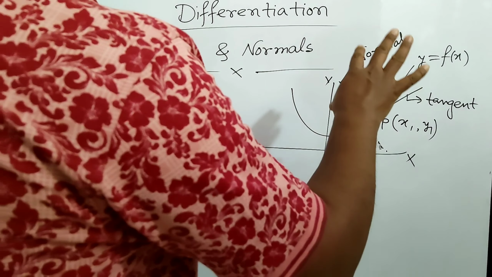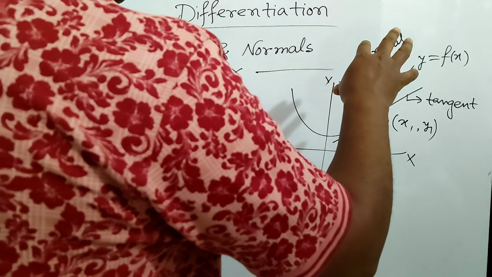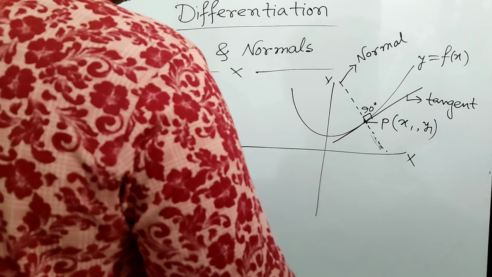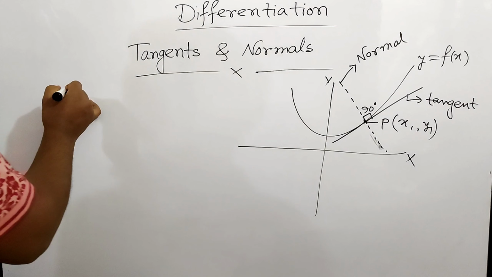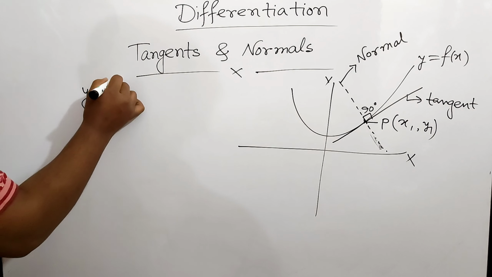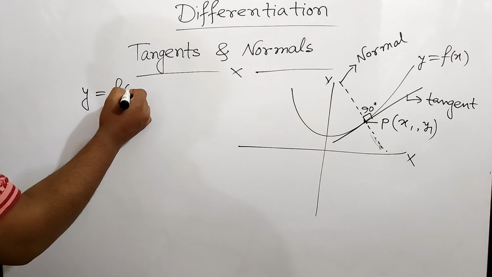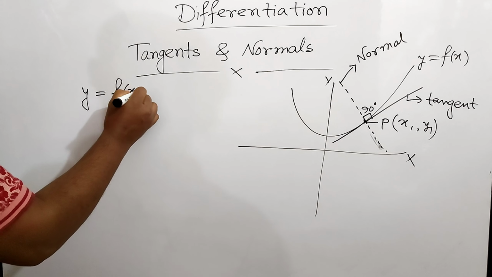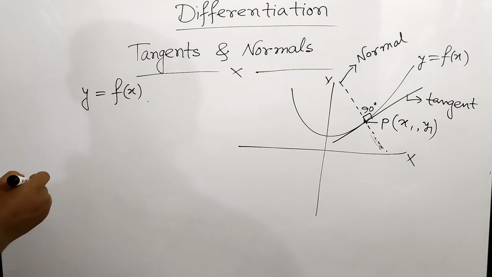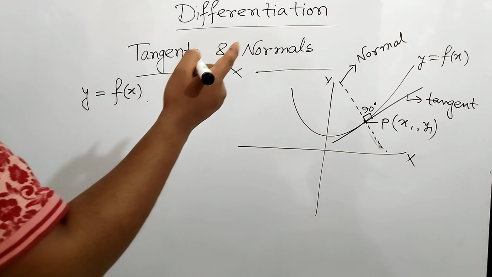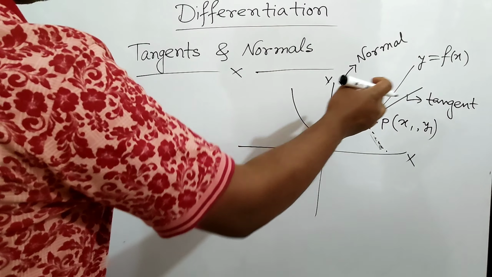First we learn the equation of the tangent on a given curve. Here y equals f(x) is a function, a quadratic or any function, that means it must be a curve.